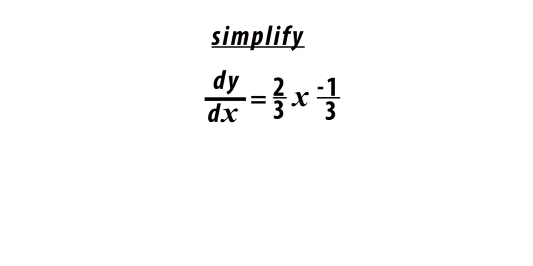Remember that dy/dx means differentiating y with respect to x. It means that dp/dt will mean differentiating p with respect to t. Once we have this, the power rule will still hold, and we are going to differentiate term by term.